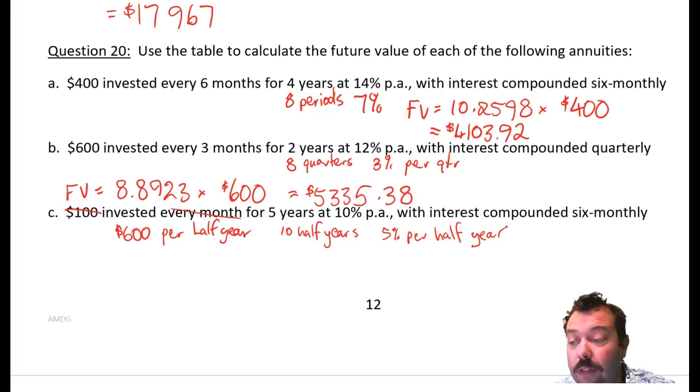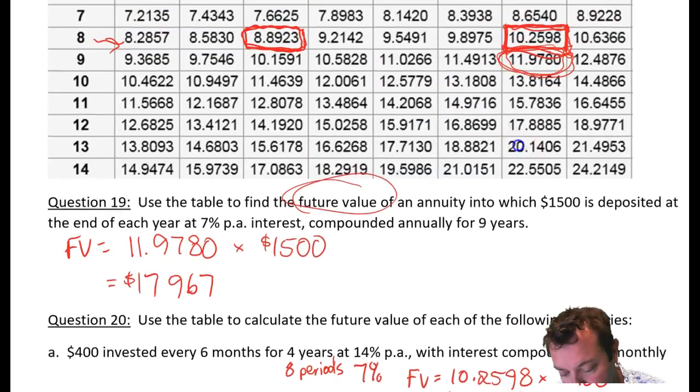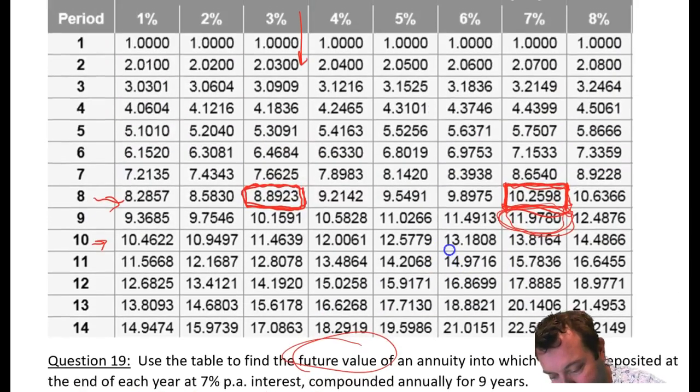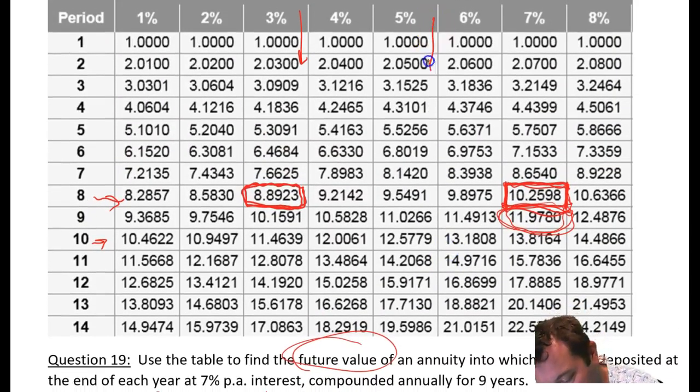So using those figures now of contributions of $600, we're looking for the 5% column and the 10 period row to get our factor here. So there's my 10, I go across. My 5 comes down here.